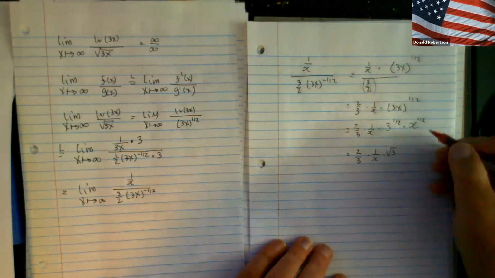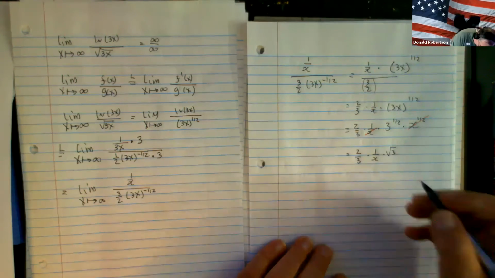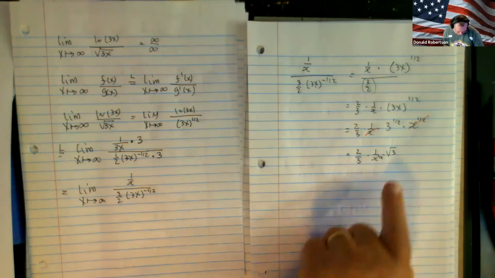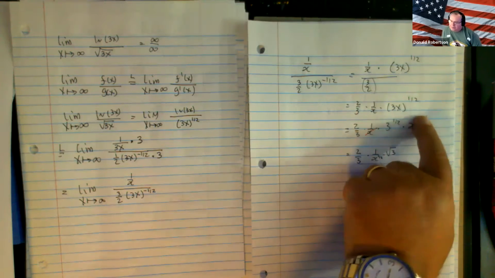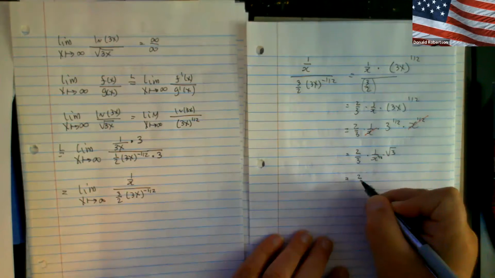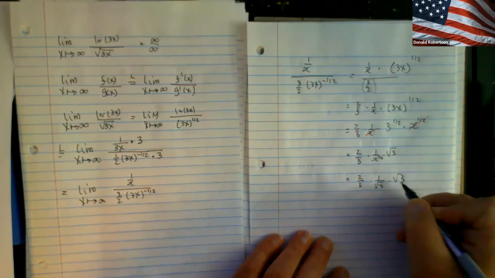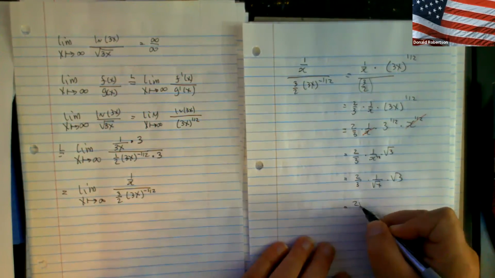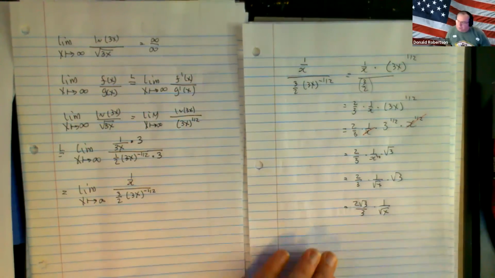Now, that x to the half will cancel out part of that guy, and you're going to end up with an x to the half on the bottom. Are you comfortable with the x on the top and the bottom cancelling out? Half away from that leaves me 1/2 there. And now we have that guy. And now that I've done that, how about that guy?